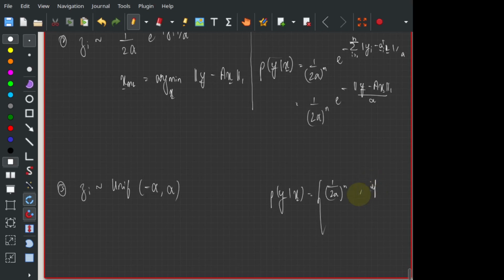If y belongs to x minus alpha, okay, y is in, yi is in ai transpose x.